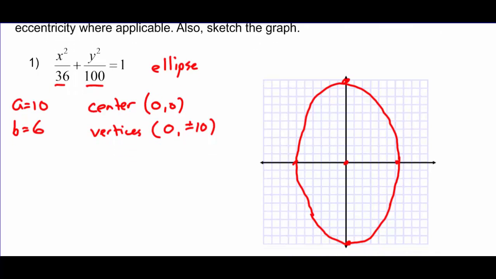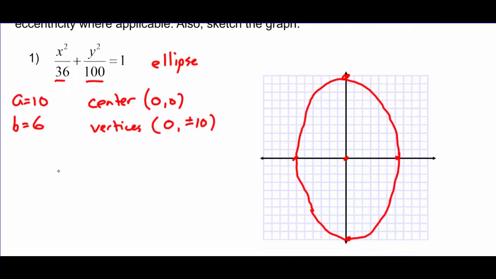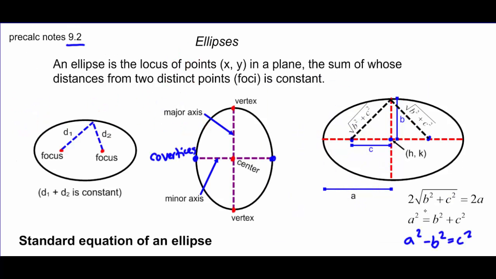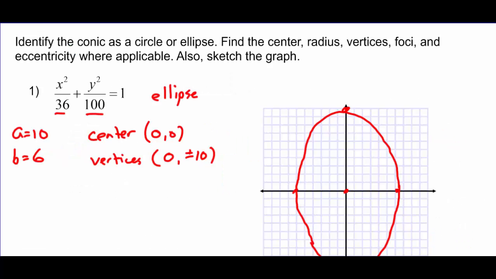Well, in order to find the foci, I need to find C. And so remember, we have to use, and I'm going to jump back a slide just to remind you, that alternate version of the Pythagorean theorem. So it's a squared equals b squared plus c squared, or you could just do it as c squared is a squared minus b squared. So that's 100 minus 36, which is 64. That's convenient. C is 8.